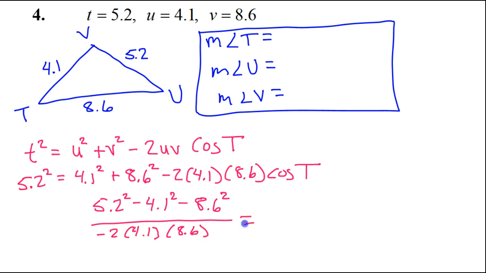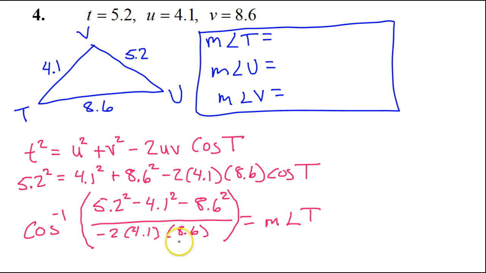And this should give me cosine of angle T. But I don't want the cosine of T, I want angle T itself. So in order to find angle T, I need to do the inverse cosine of all of this. And if I do that, that will give me the measure of angle T.